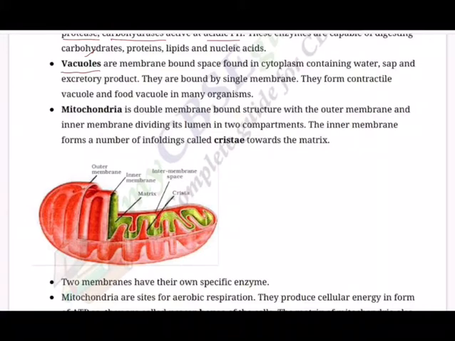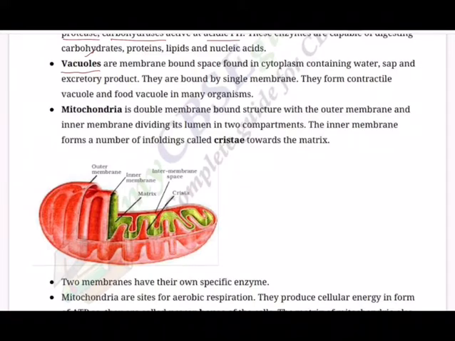Contractile vacuoles take part in osmoregulation and excretion. Food vacuoles are formed by fusion of phagosome and lysosome, and they help in digestion of food. And the food vacuoles, having digestive enzymes, help in digestion of the nutrients.